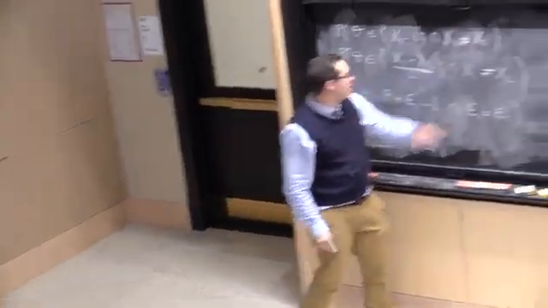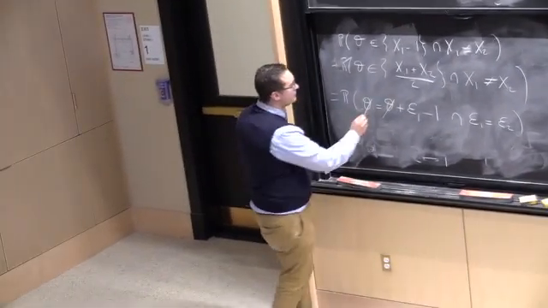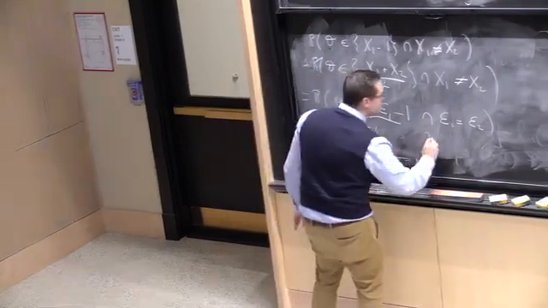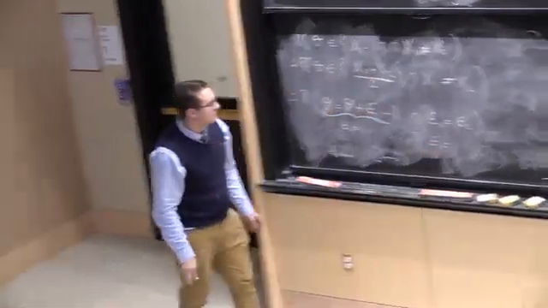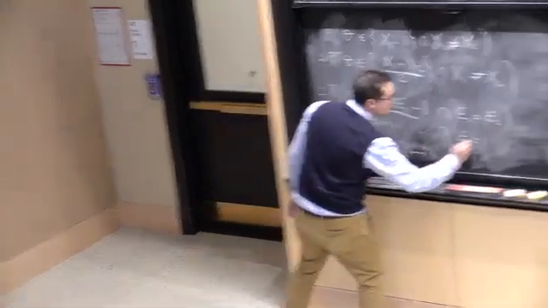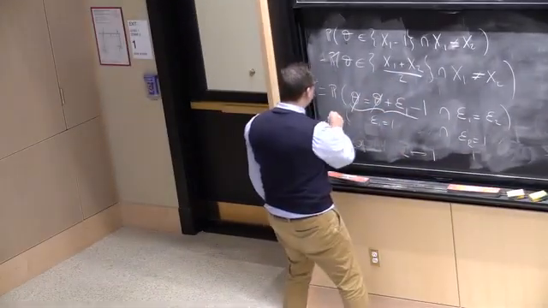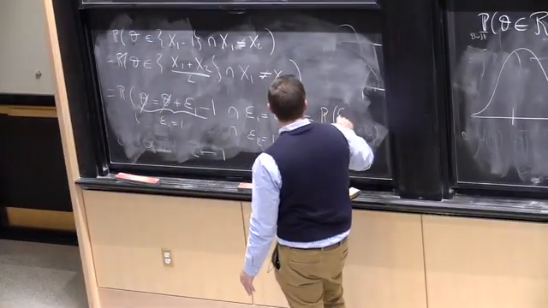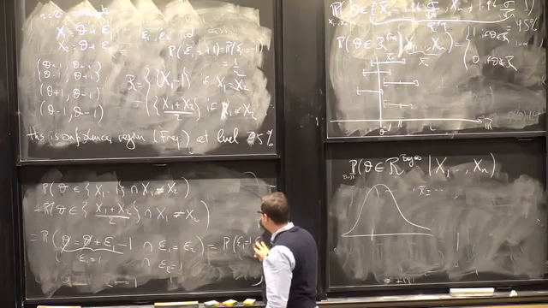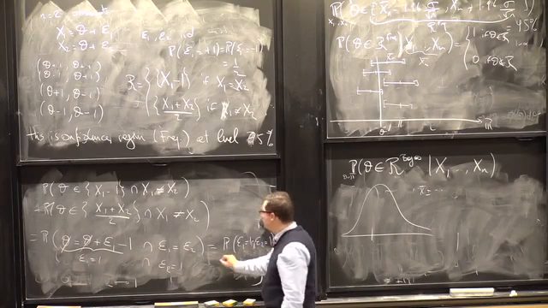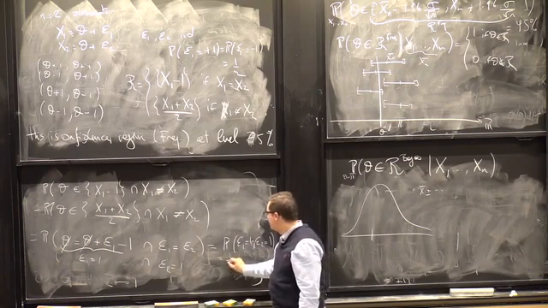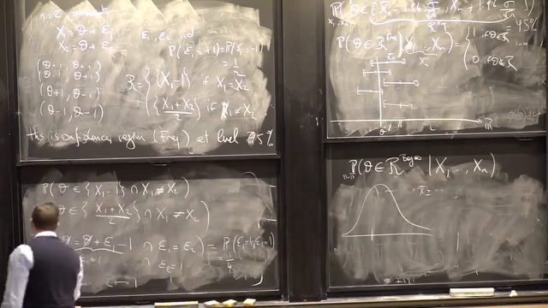Because I can remove the theta from here, and I can remove the theta from here, so this guy is just epsilon 1 is equal to 1. So when I intersect with this guy, it's the same thing as epsilon 1 is equal to 1 and epsilon 2 is equal to 1 as well. So this first thing is equal to the probability that epsilon 1 is equal to 1 and epsilon 2 is equal to 1, which is equal to 1/4. That's just the first case. They're independent.